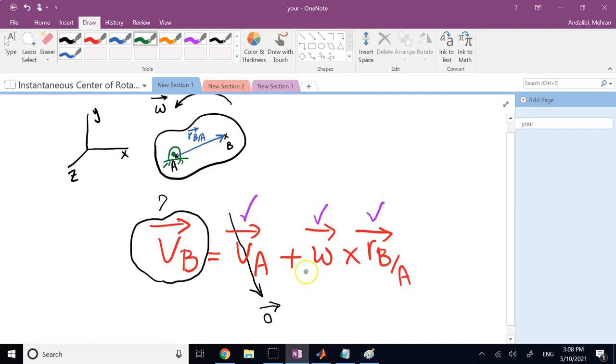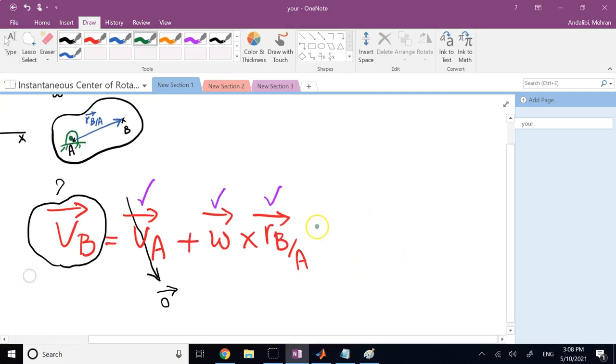Because if you look at here, then the velocity of B is going to be omega cross R of B with respect to A. And you know that from here, the magnitude of the velocity of B is going to be omega times R of B with respect to A, or you might just call it R. And this is assuming that you are doing a planar motion.